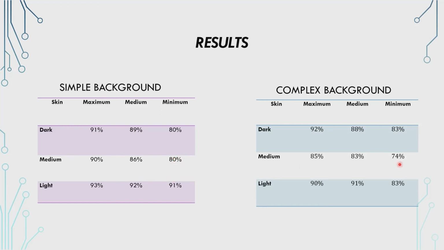As you can see, this has the lowest accuracy, and having performed the usability study, I can say that this was due to one of the participants performing very badly. But other than that, most of our results are fairly positive.